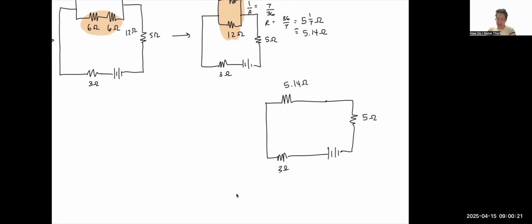Remember, we ask again, do our electrons have a choice? Our electrons do not have a choice. Every one that comes out of the battery goes through the 3 ohms, then turns a corner, goes through the 5.14, turns a corner, goes through the 5, comes back in. If the electrons have to go through all 3, that's a series. So we get 3 plus 5 plus 5.14, we get a grand total of 13.14 ohms, which is our final answer for the equivalent resistance of this circuit.